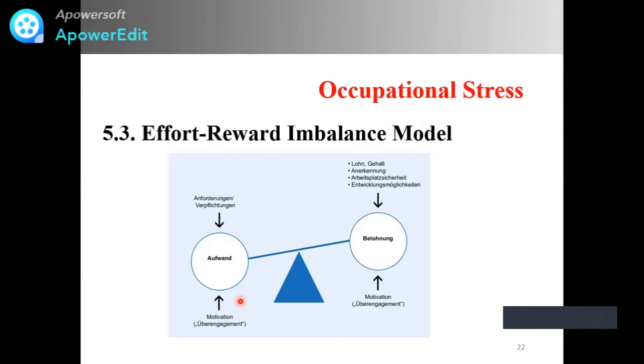Effort reward imbalance model. This model focuses on the relation between effort and rewards. When employees put in hard work, they expect management to reward their effort. In the absence of such a rewards program, the employees get demotivated and underperform. It is not enough in today's world to expect good output from employees as a part of the job.